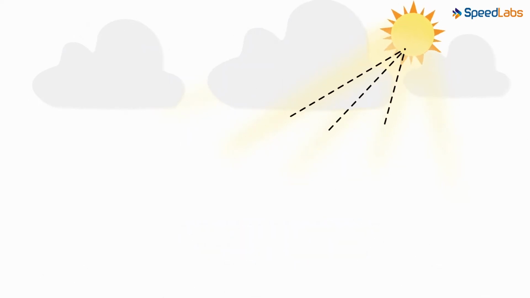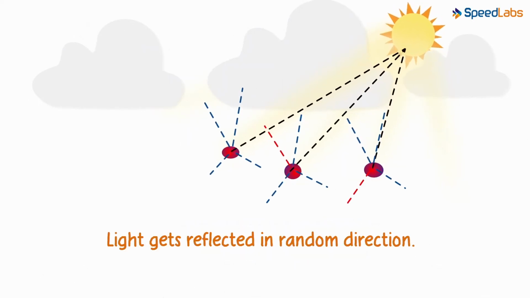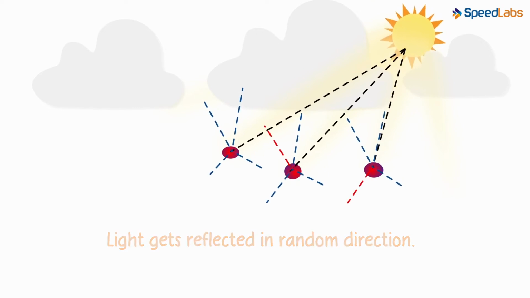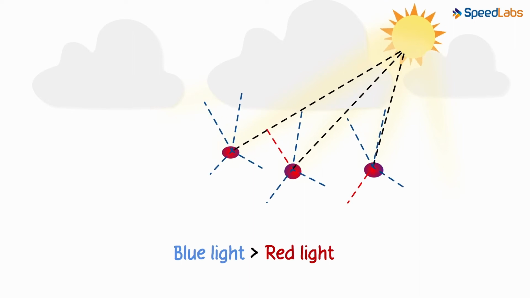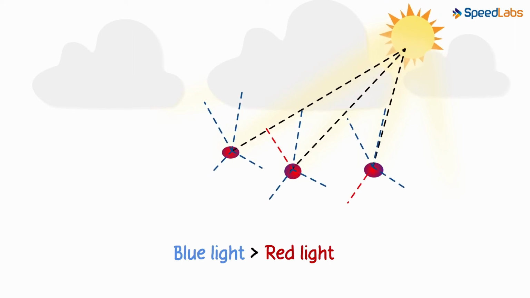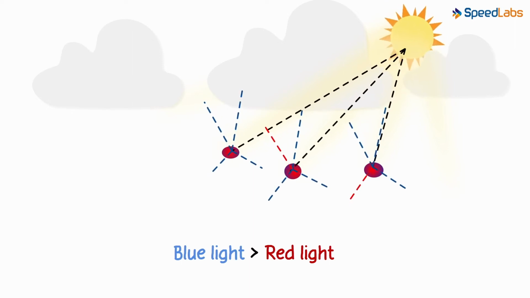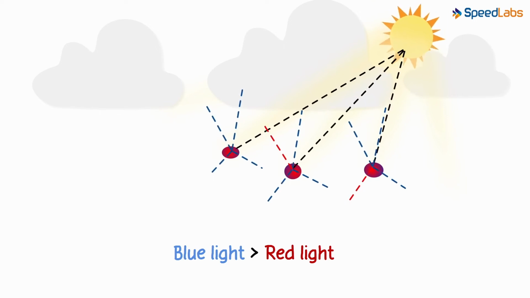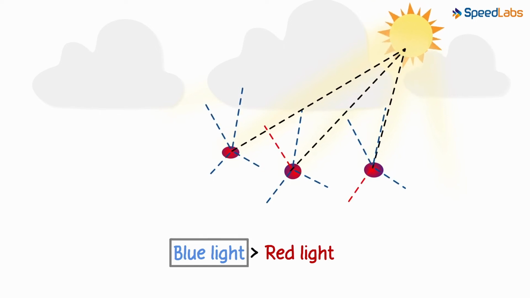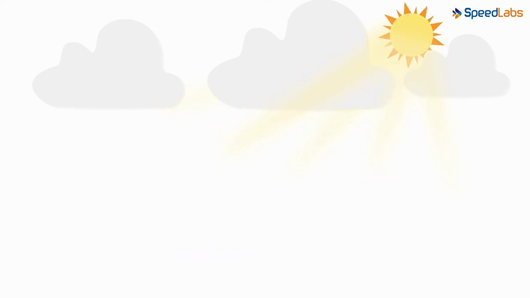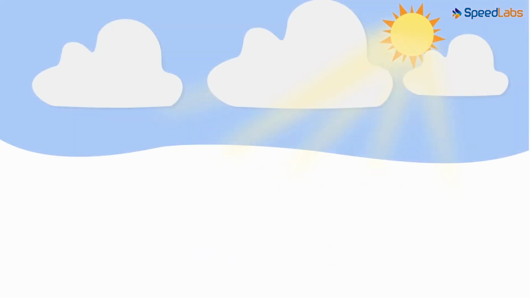Scattering means that the light hits a particle and gets reflected in a random direction. The tiny air molecules by themselves scatter blue light stronger than red light. Because blue light gets scattered by molecules more than any other color of light, the light which reaches our eye contains more blue. And thus, if we look at the sky during the day, it appears blue.